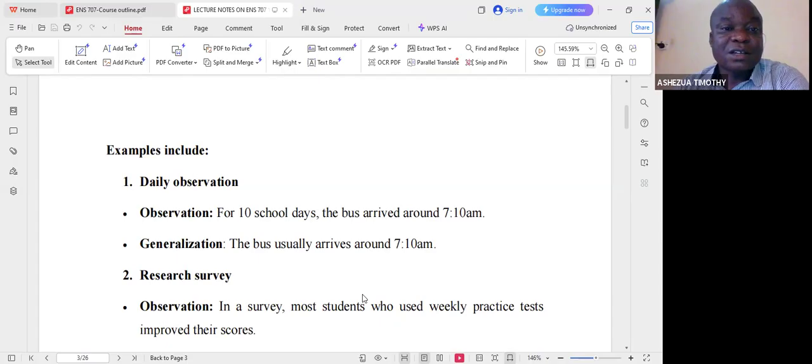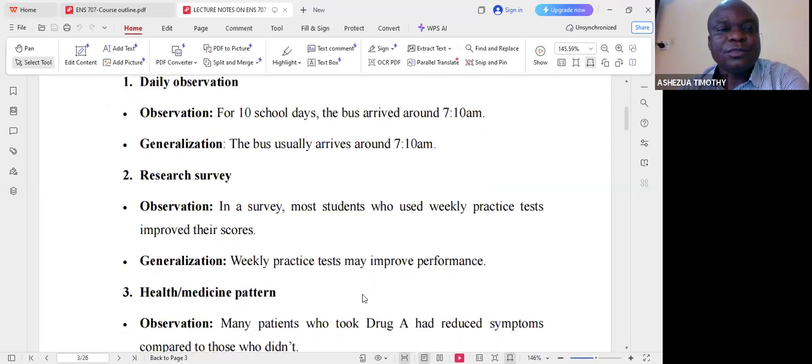So our specific observation here is that for 10 school days, the bus arrived at 7:10 a.m. Then what is our generalization? The bus usually arrives around 7:10 a.m. So that could be our generalization.